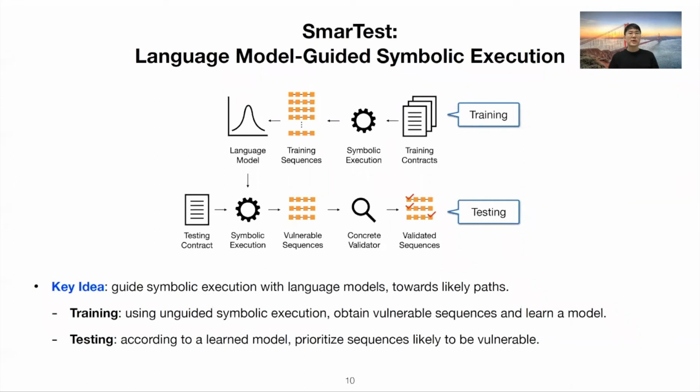Then, we collect vulnerable transaction sequences from the contracts and learn a probability distribution over the vulnerable sequences. In the testing phase, the symbolic execution guided by a learned model can effectively find vulnerabilities for new contracts by prioritizing sequences that are likely to be vulnerable.